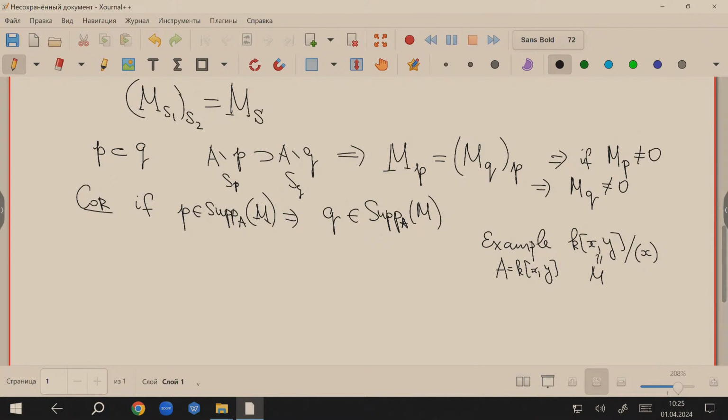So you have the line x equal to 0, and now you notice that x is a prime ideal. Why is x a prime ideal?